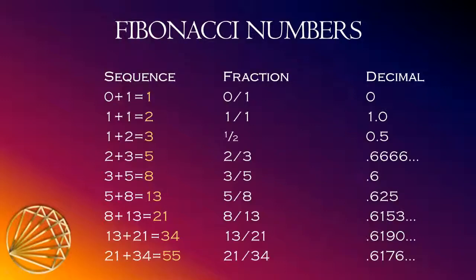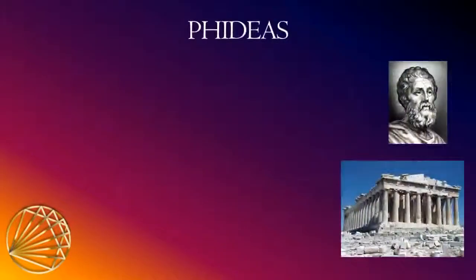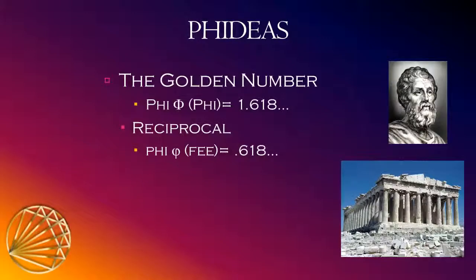Now, where did that come from? Well, Phidias was instrumental in building the Parthenon in Greece, and the number 1.618 and its reciprocal 0.618 were used in the construction of the Parthenon. If you were to spell Phidias in Greek, the first letter would be phi, and so now mathematicians use the phi symbol of the Greek alphabet to be equivalent to 1.618.